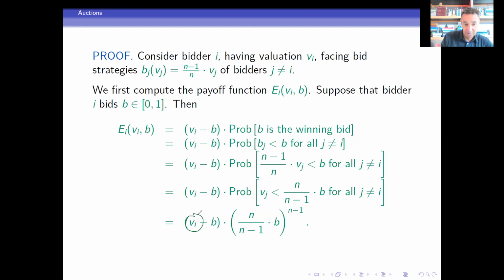Namely, I know my own valuation, I know my own bid, and I know how many people participate in the auction. So now I have an expression that, being a bidder, I actually know. So we can maximize this over B. And that's what we're going to do next.